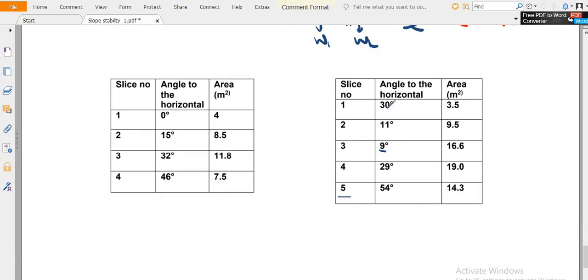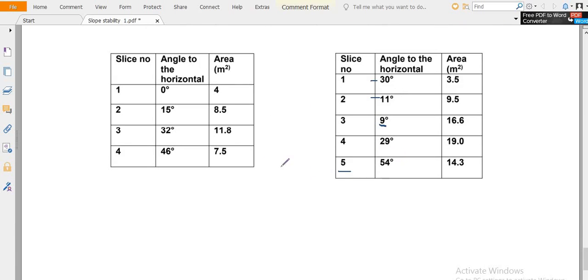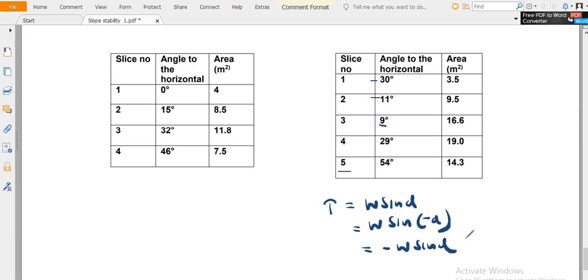So therefore we have to assign a minus value for these two slices, because T is W sin alpha. If we apply a minus value, sin of minus alpha is minus sin alpha. Therefore we get something like this.